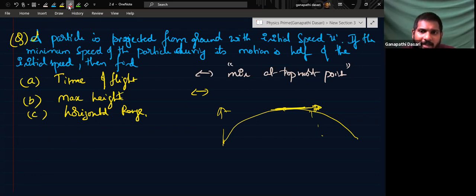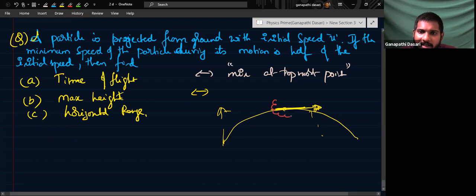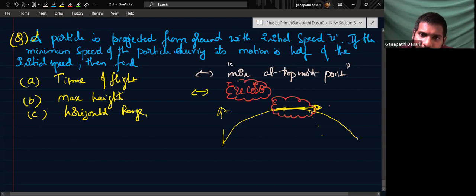You got this fundamental point? At the topmost point, there will be minimum speed, and that is only due to the horizontal component. That horizontal component is u cos theta, because it will not change as there is no horizontal acceleration. The initial horizontal velocity stays the horizontal velocity throughout the projectile motion.